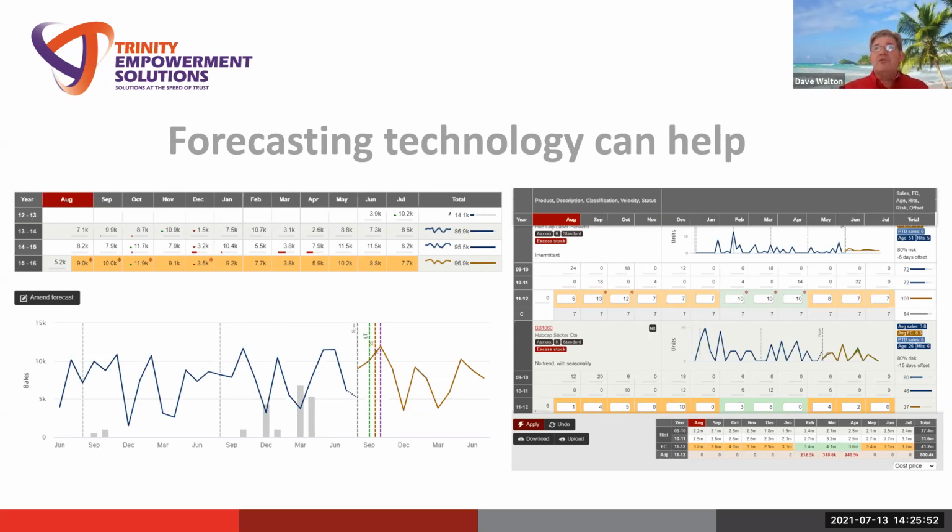Where I often talk about if people are looking backwards and taking averages over X months, etc., it's a bit like driving the car forwards just by looking in your rear view mirror. You've really got to understand whether there's trends, whether there's seasonality. Very difficult to do that in Excel, but a very important input to working out what you need to be buying and manufacturing or transferring from one warehouse to another.